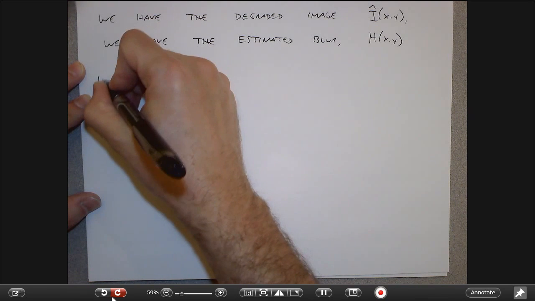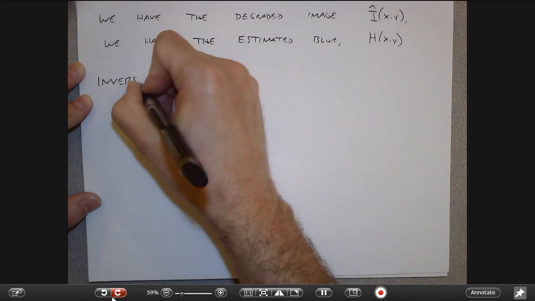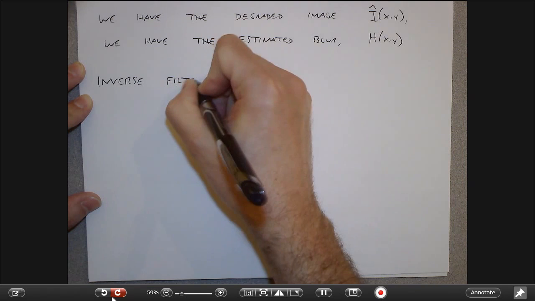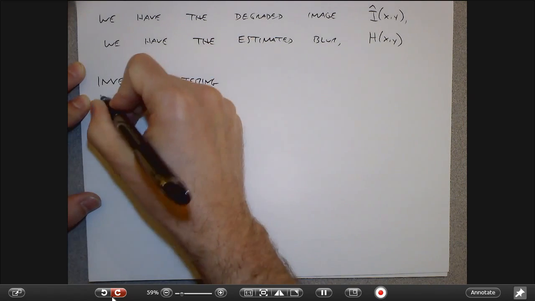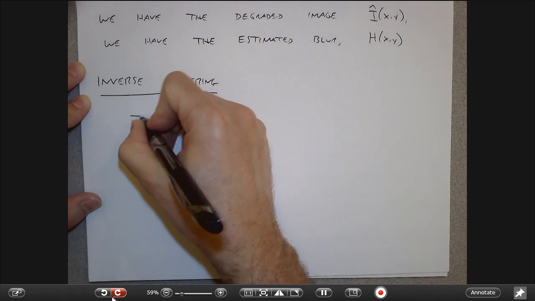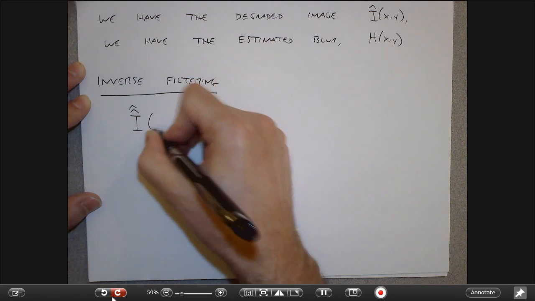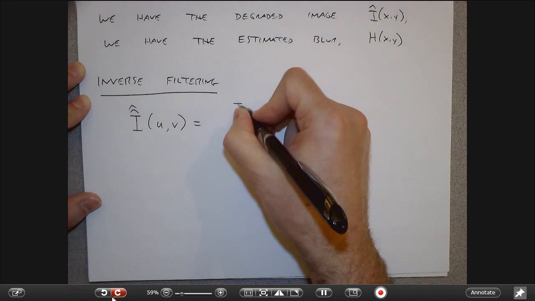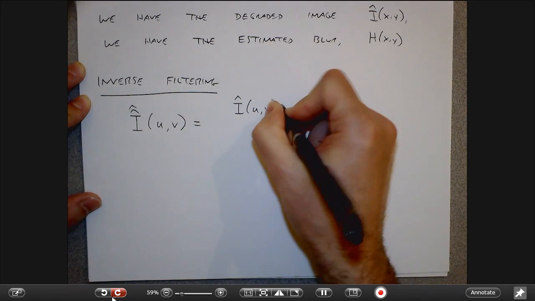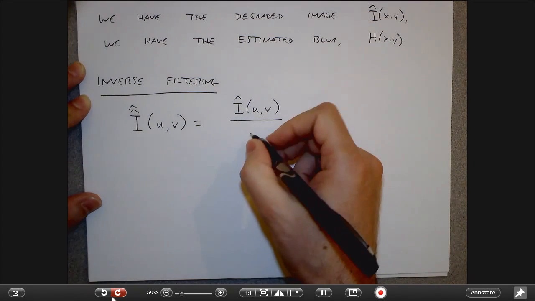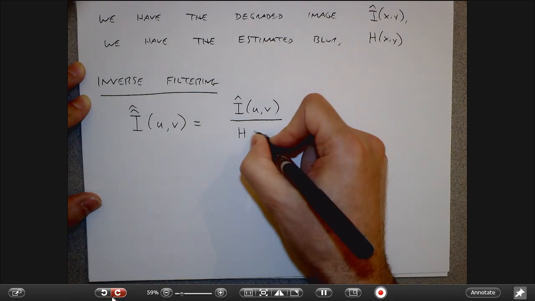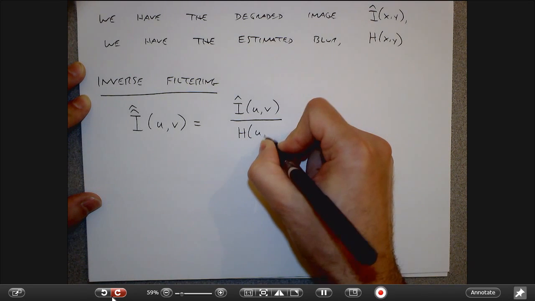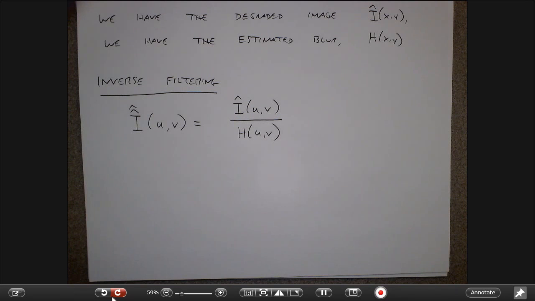So then the most natural thing to try first is called inverse filtering, which is basically saying that my reconstructed Fourier transform should just be the Fourier transform of the corrupted image over the blur that I estimated, right?